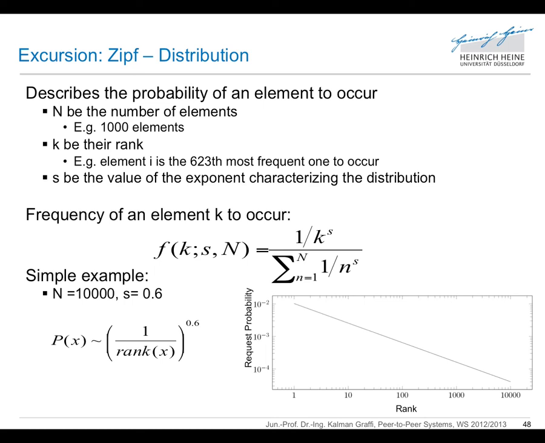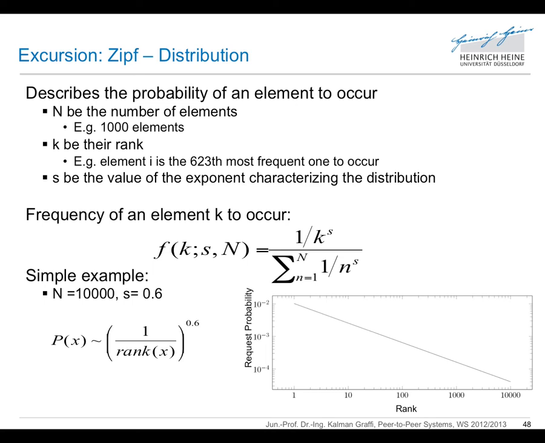That means, for example, if this is 0.6, that means the most popular has a specific probability. The second one is 0.6 times as high, so it's decreased, and the next one is again multiplied by 0.6, and so on. And if you plot it on a log scale, then you can say the probability that this specific object is called or requested depends on where its rank is.